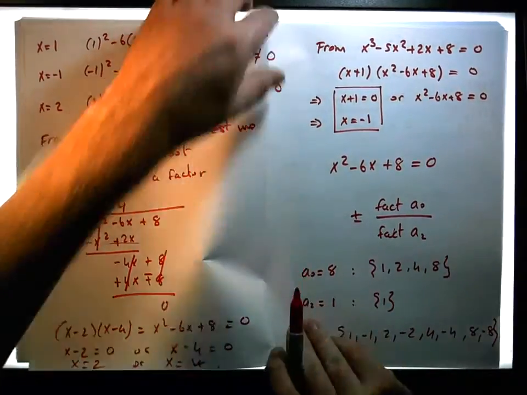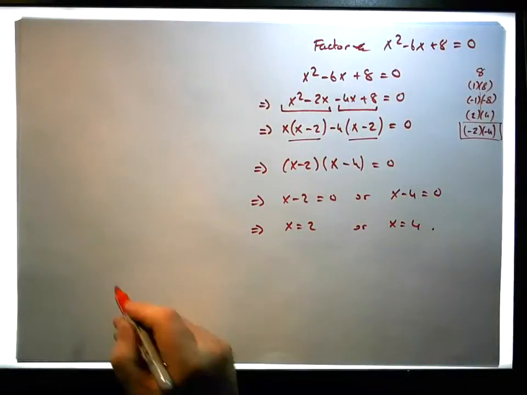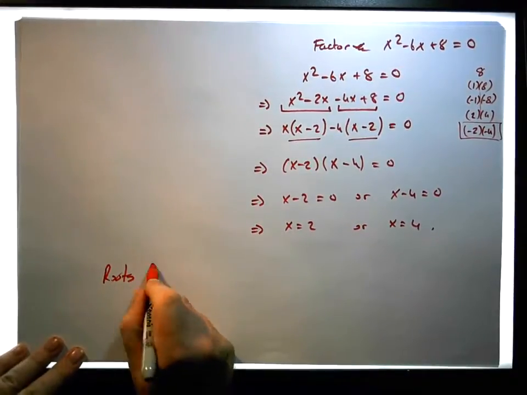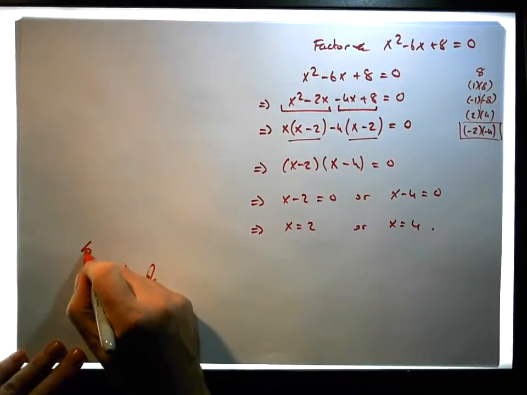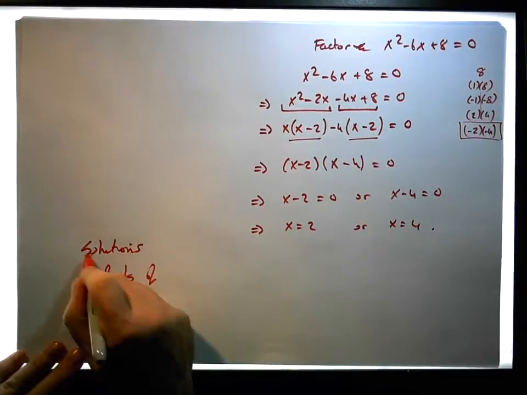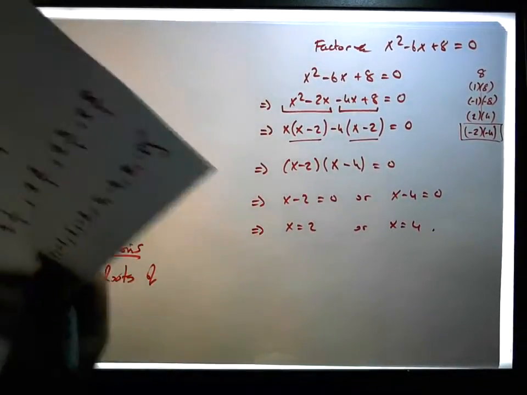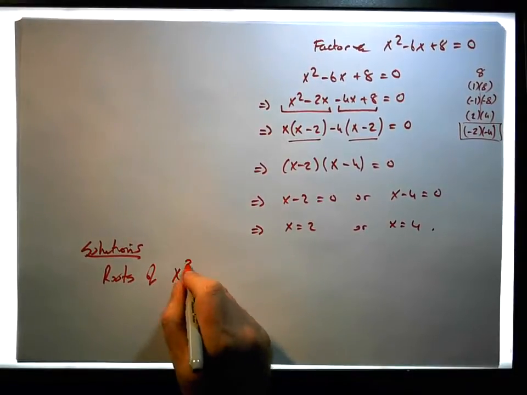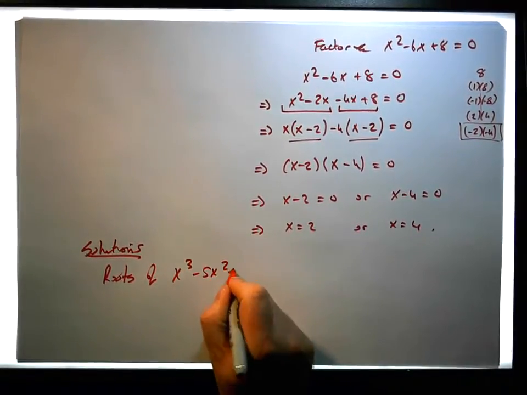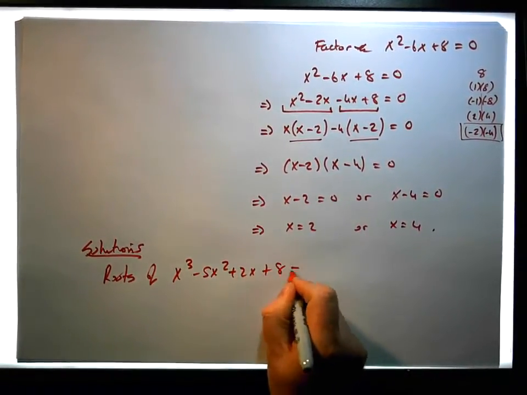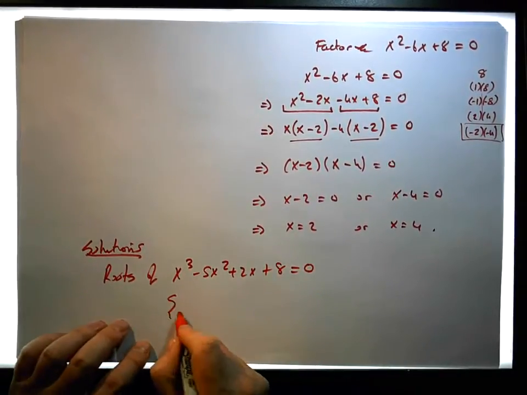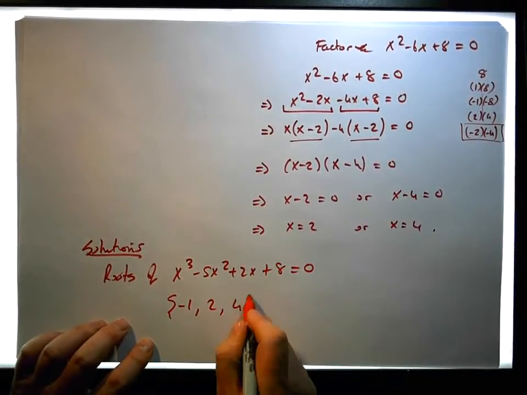So in this particular case, the solutions, or the roots, of the polynomial x cubed minus 5x squared plus 2x plus 8 equals 0 are minus 1, 2, and 4.